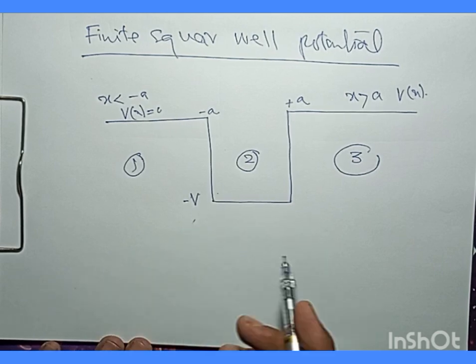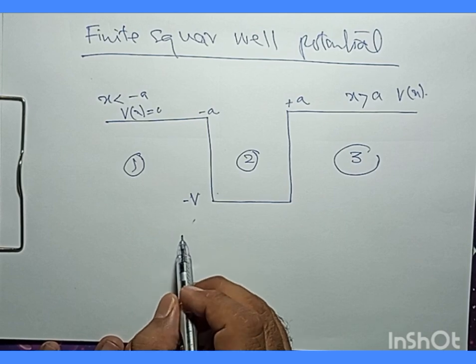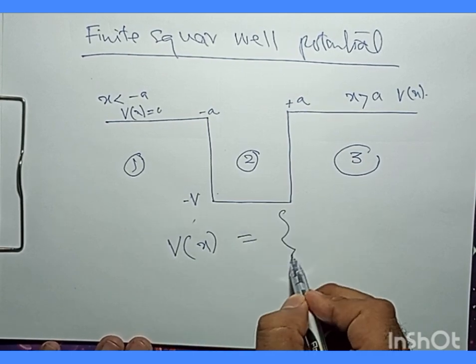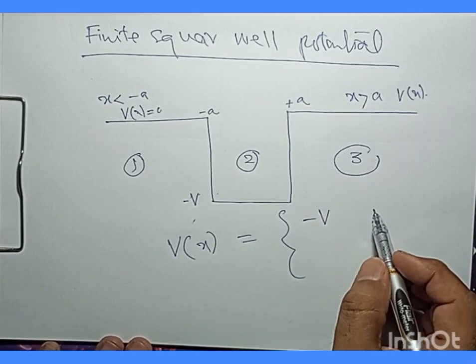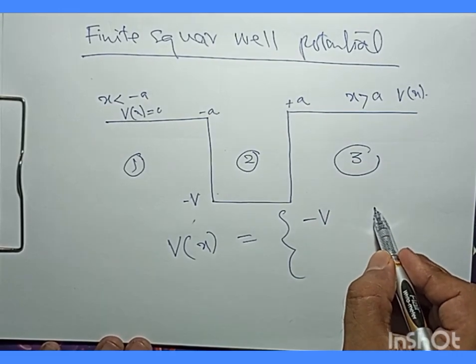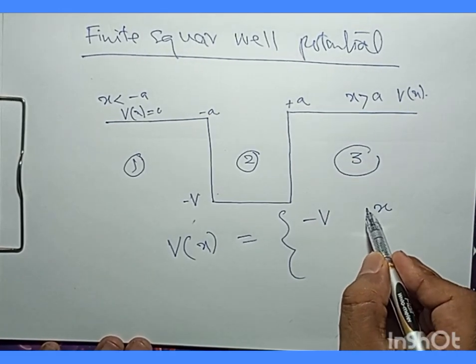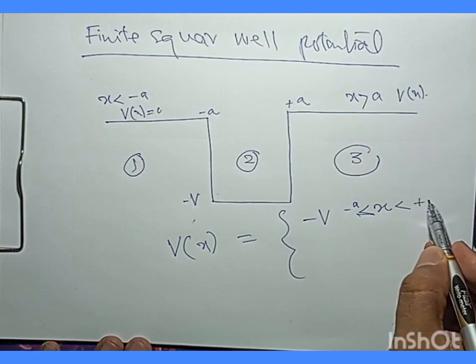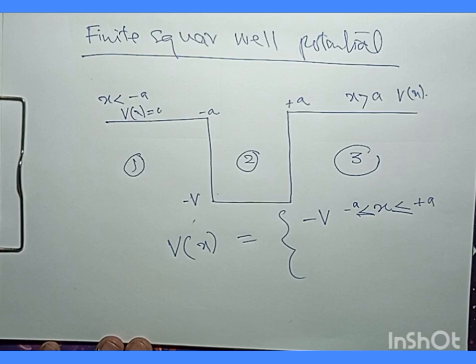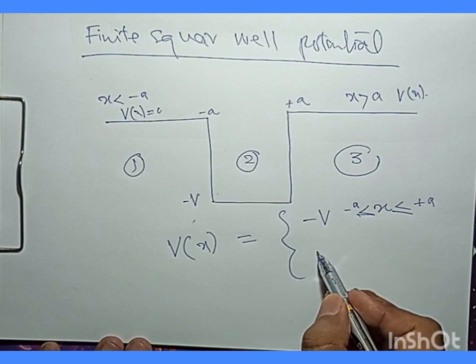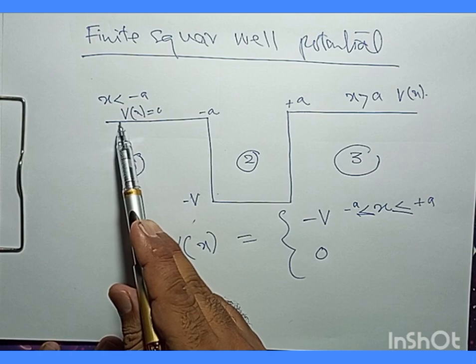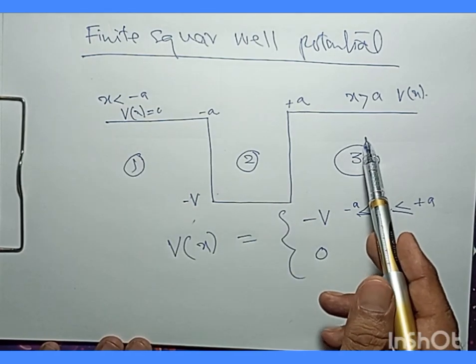And here is the potential that's defined. The potential is minus V for x between minus a and plus a, and otherwise the potential is zero. So it is zero for x less than minus a and x greater than a.